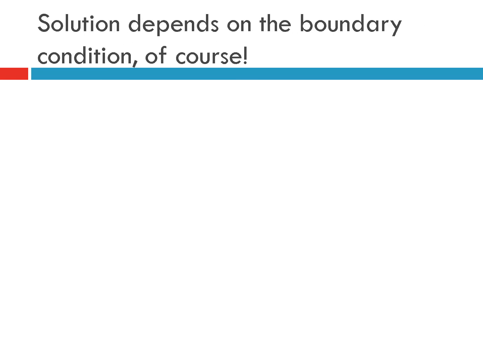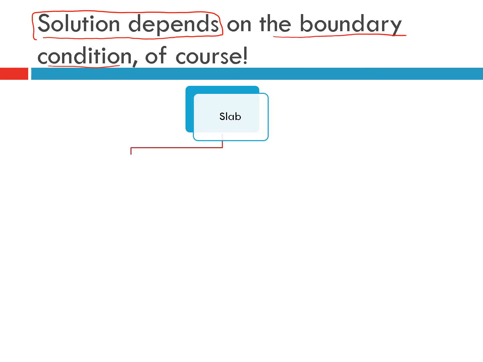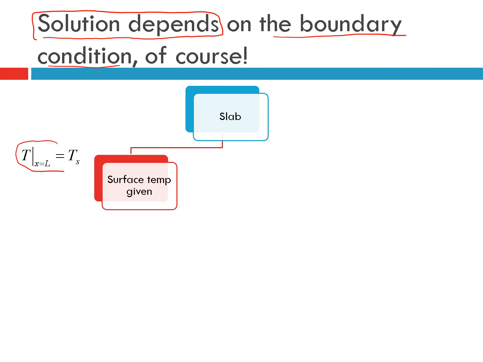Another way to look at this is that the solution to our heat equation depends on the boundary conditions. The solution that we did for the slab is for this boundary condition: temperature at the surface is equal to Ts. When temperature is given at the surface, this is equivalent to h going to infinity.